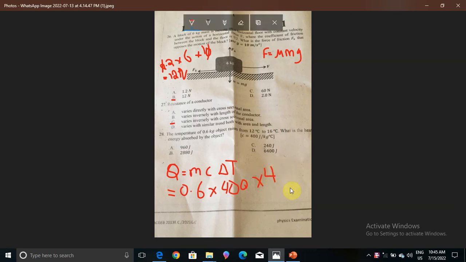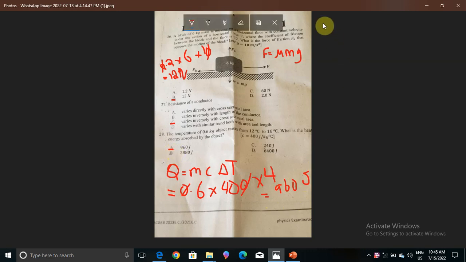Then we multiply all of the following: 0.6 times 400 times 4. First of all, we cut 0 by 0. Then 6 times 40 times 4. So as the last answer we have 960 joule. So the correct answer for question number 28 is A.